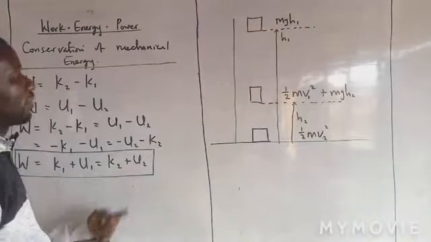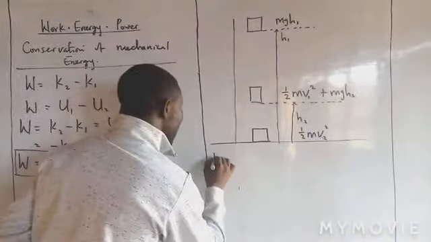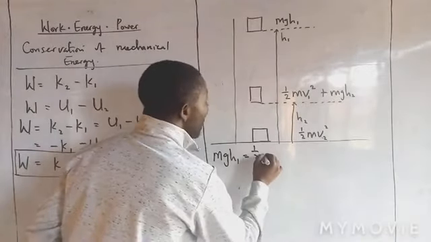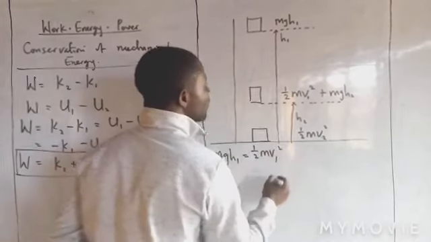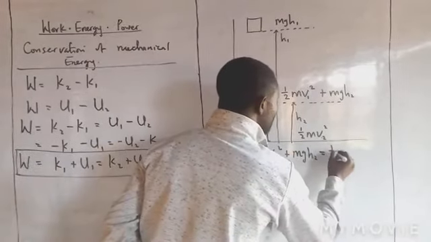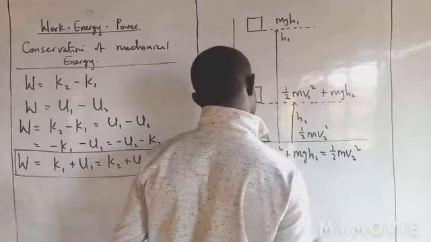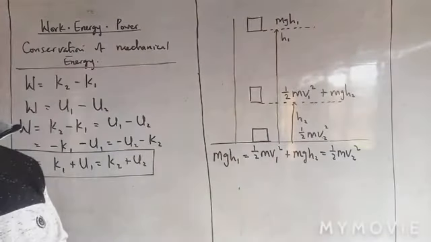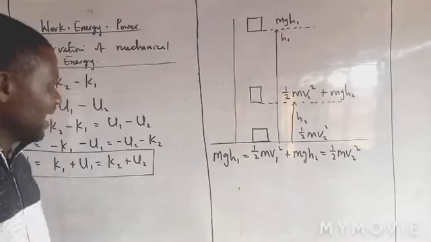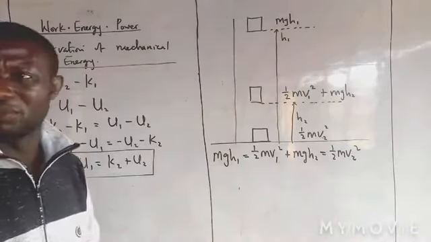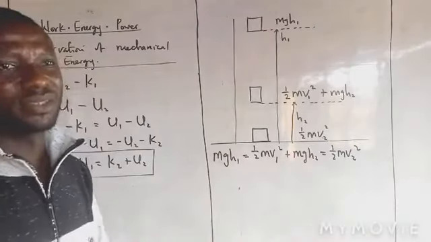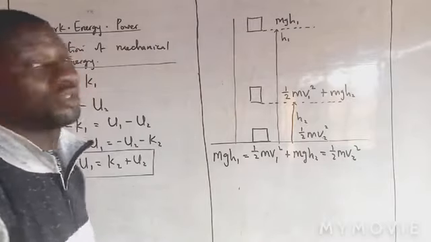According to this law, mgH1 is always equal to half mv1 square plus mgH2, which is also equal to half mv2 square. That is the law of conservation of mechanical energy. In words, it states that the total energy possessed by a body remains always constant. That is just it.